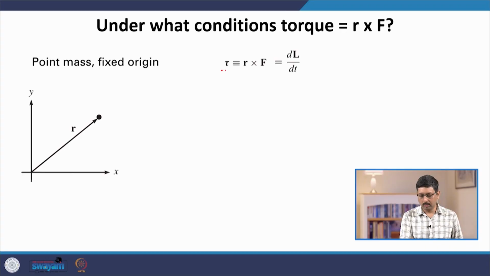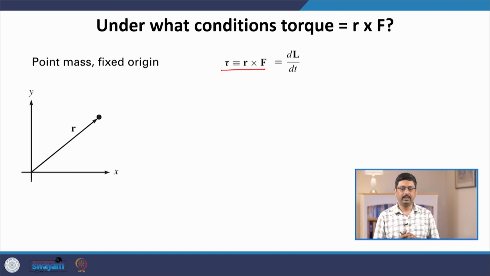So, what is the relation between angular momentum and torque? You know from your high school physics that torque is defined as the moment of force, and this is expressed as a cross product. Let us say that we consider a single point mass with respect to some particular origin, which is fixed in space, and this is our coordinate system.